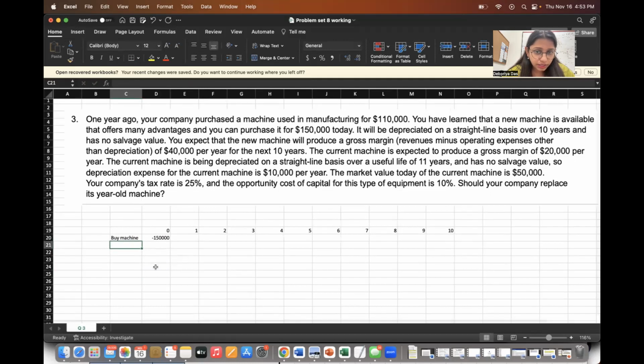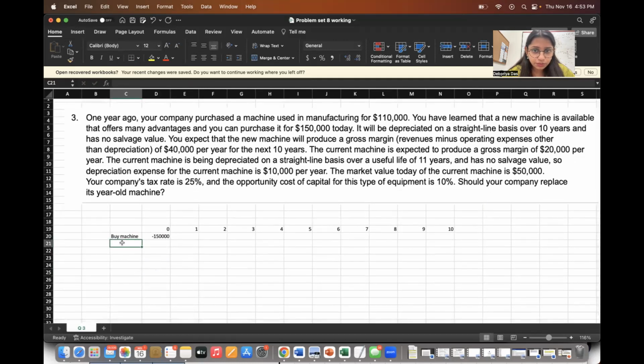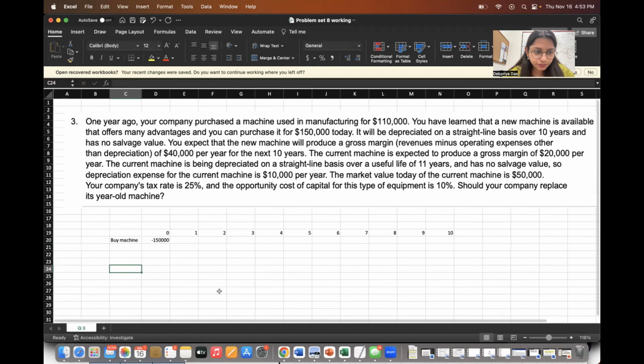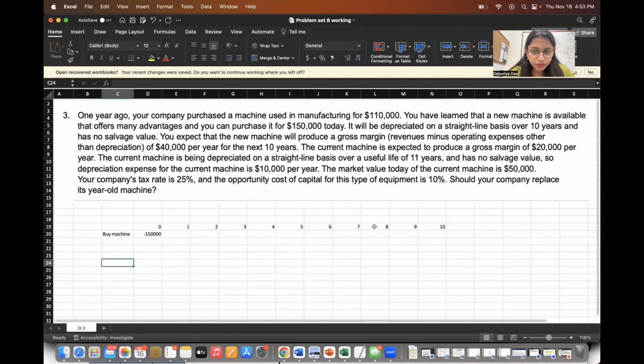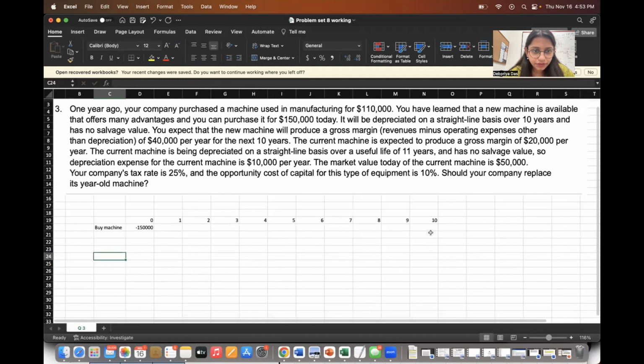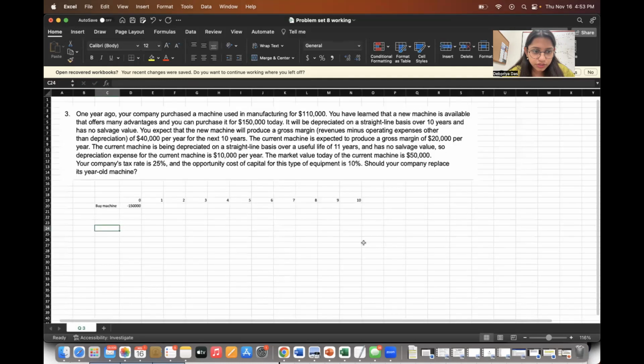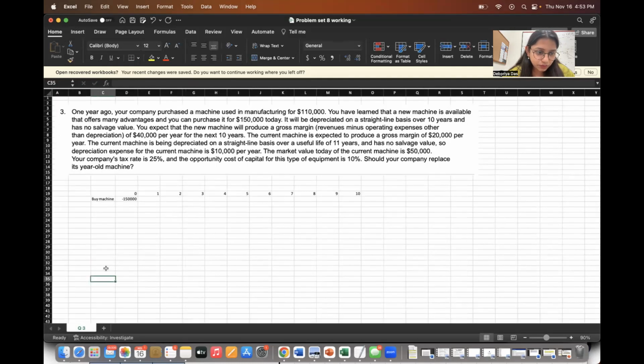And if you sell the machine, what would that look like? If you sell the machine today, you have to sell it at 50,000.